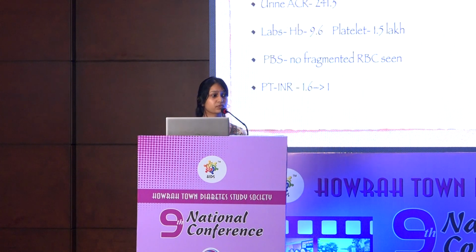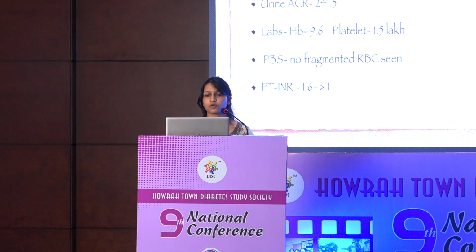Our patient, a 43-year-old female, presented with fever associated with vomiting, anorexia, followed by yellowish discoloration of eyes and skin. She was a known patient of diabetes and hypertension, well controlled. On presentation, she had INR of 1.6, and after vitamin K injection, it normalized to 1.